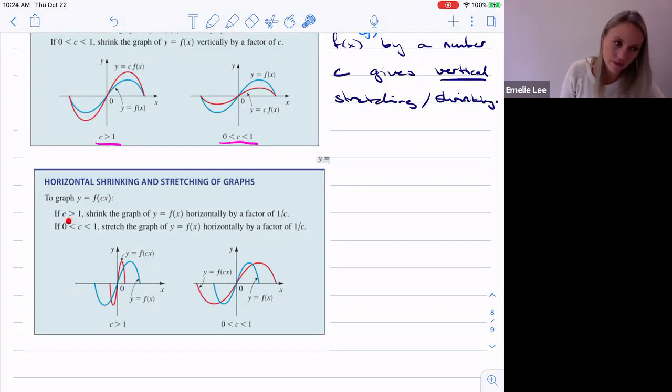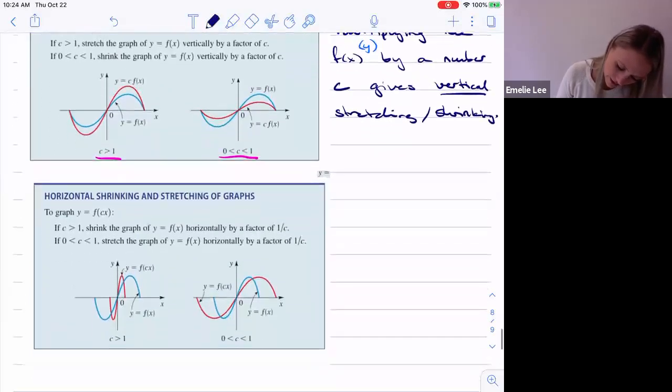So again, we have these conditions. If C is greater than 1, then, and again, the horizontal action works the opposite of how I would intuitively think that it would work. But maybe that's a nice check-in point.